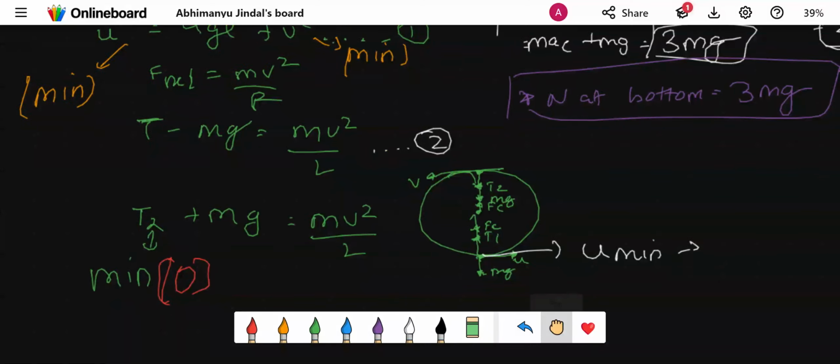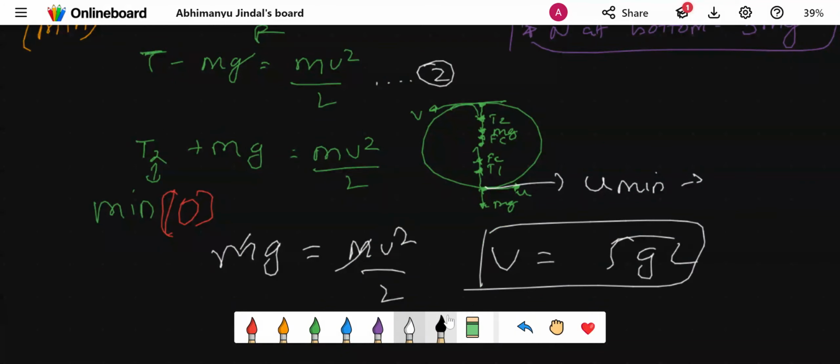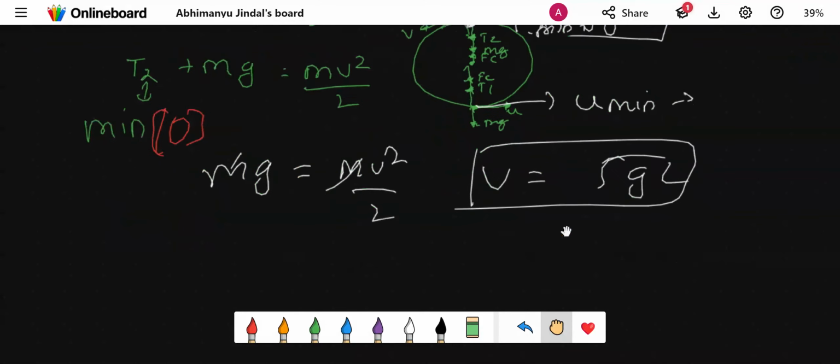Now I can say if tension 2 is 0, mg equals mv squared by L. So V is root GL. Therefore V, which is root GL, is the minimum V at the top. Now the same way let's find for the bottom, which is U minimum.